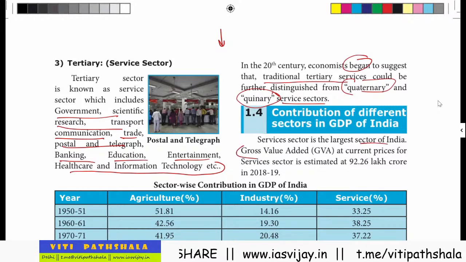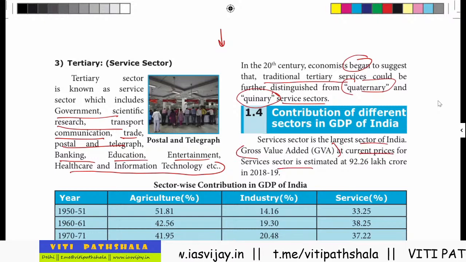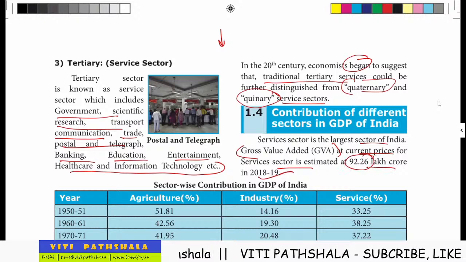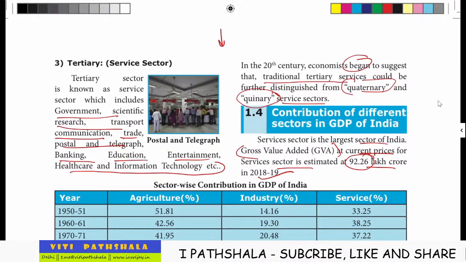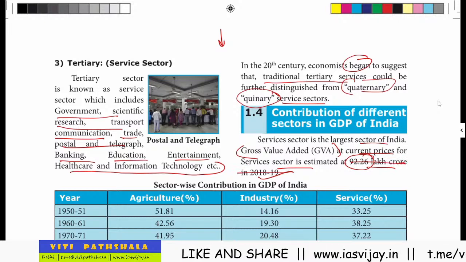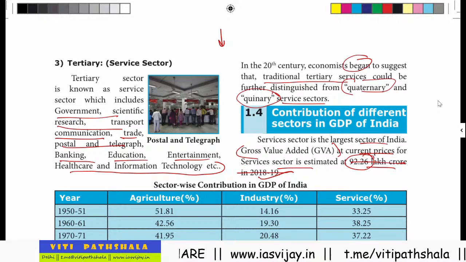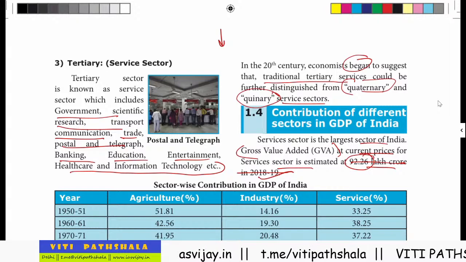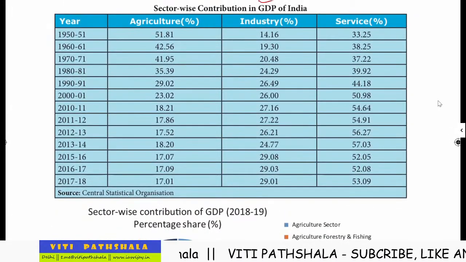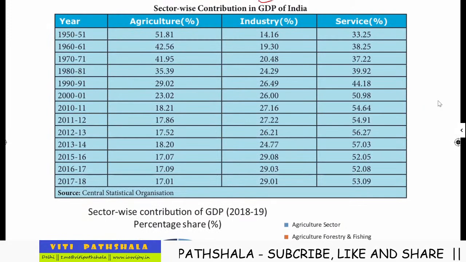Gross value added at current prices for the service sector is estimated at 92.26 lakh crore in 2018-19. These data are not our concern because they are old, and the UPSC generally does not ask these, and you cannot learn these.